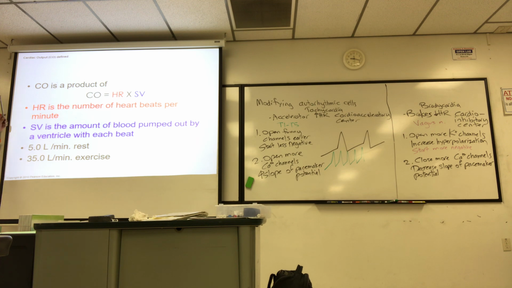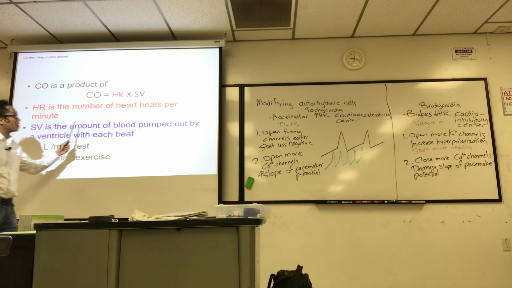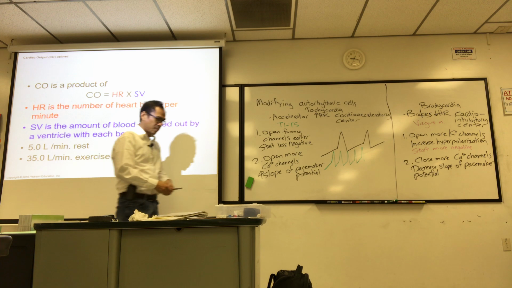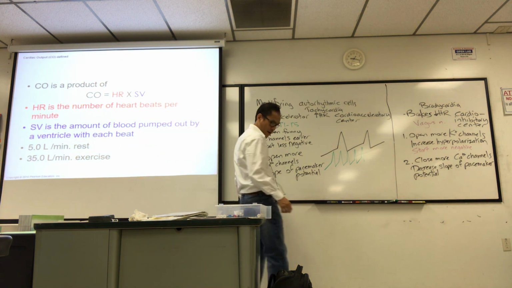What I want to talk about now is that cardiac output is a product of heart rate and stroke volume. So that means you have to multiply here. Let's do that.